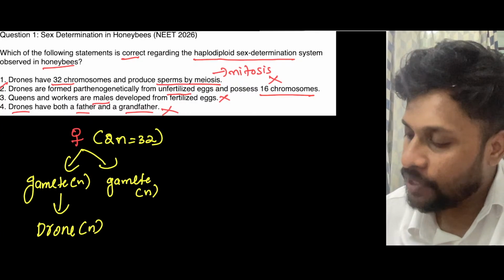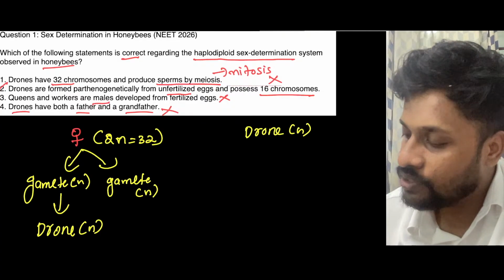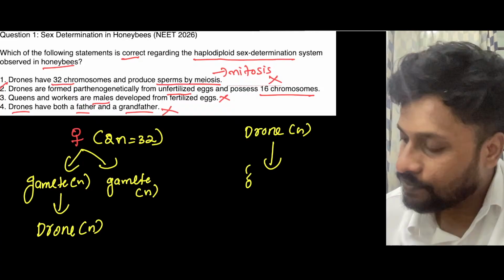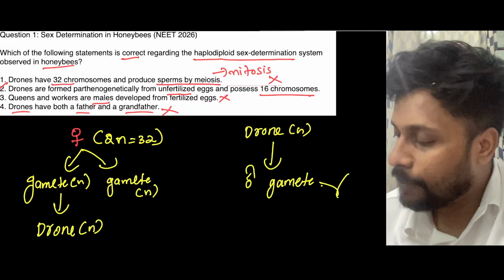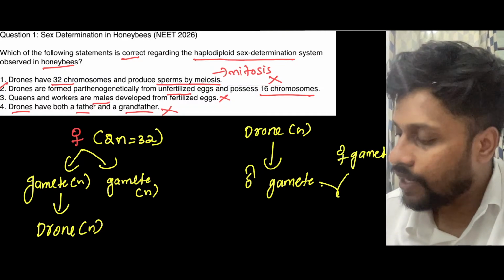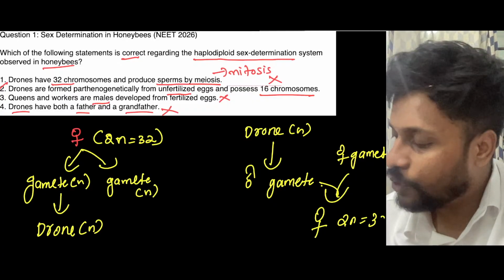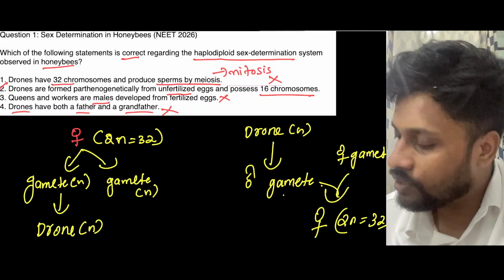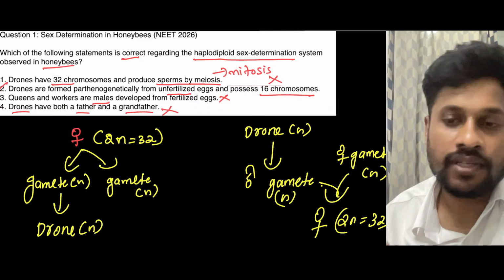This drone means what? N. It can produce male gamete. This may combine with another female gamete and they will produce female with the 2n is equal to 32 chromosome because this is n, this is n plus n, 2n, 32 chromosome, right?